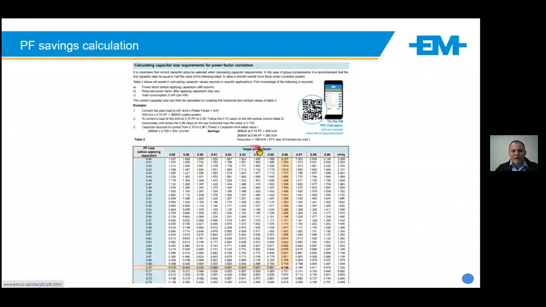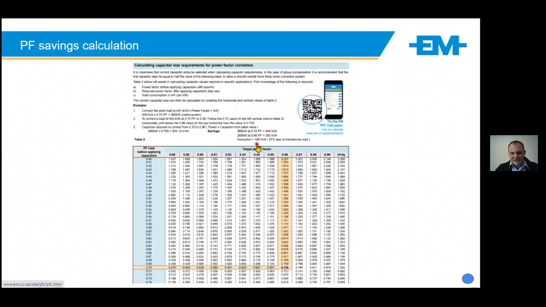So you would then identify, I had 400 kVA, I applied 204 kVAR to the system at that peak. I reduced it to 292 kVA. The reduction was 108 kVA.